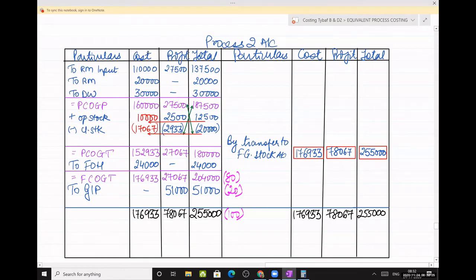Cost, profit, total. The output of first process is becoming the input for the next process. See, output of process 1 is now the input of process 2. Don't forget that.